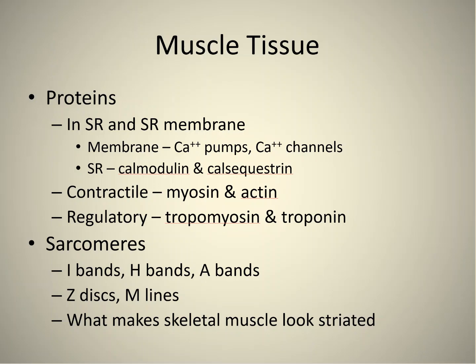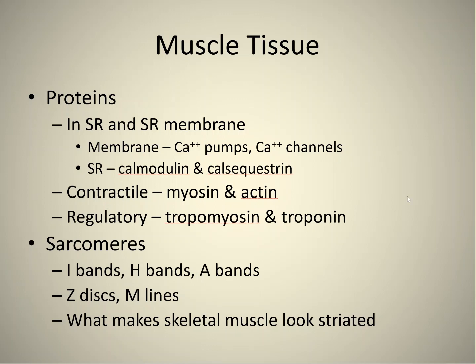Okay, slide 12, the proteins in the SR and SR membrane, the sarcoplasmic reticulum. There are, as I mentioned, voltage-gated calcium channels in the sarcoplasmic reticulum, and there are calcium pumps. For the muscle to relax, you have to turn on calcium pumps to resequester the calcium back into the SR. And there are proteins within the SR called calmodulin and calsequestrin, which actually bind calcium.